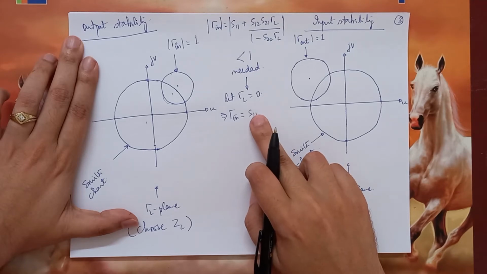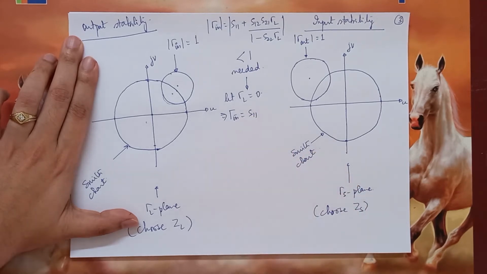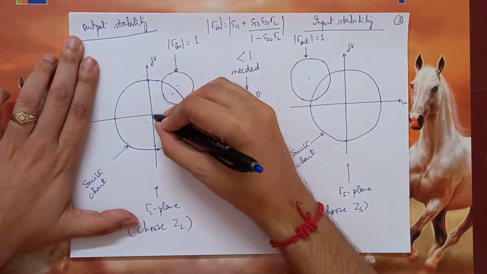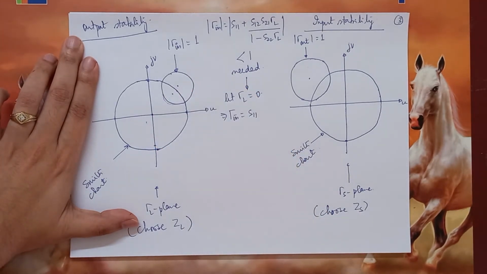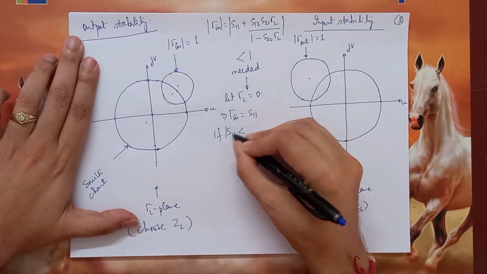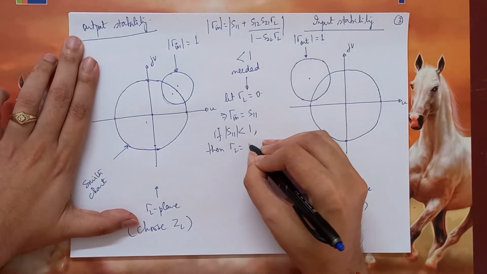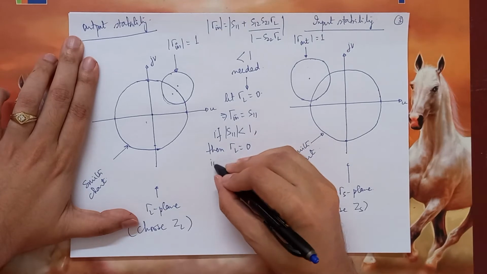So if S11 is less than 1, my gamma in will be less than 1 also. So therefore, this point will indicate a stable point. So I'll say if S11 is less than 1, then gamma L equal to 0 indicates a stable point.